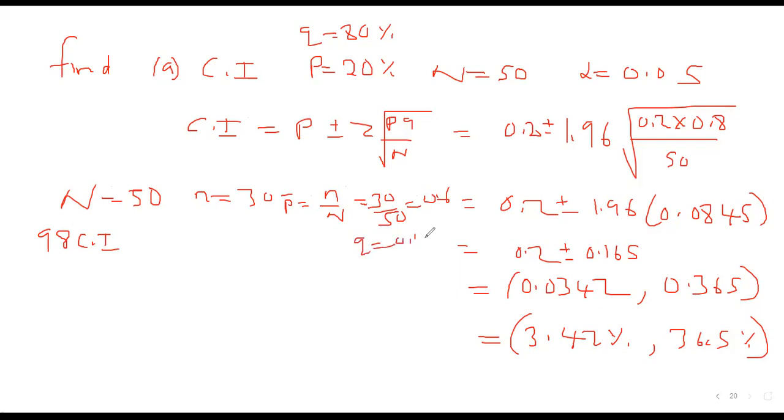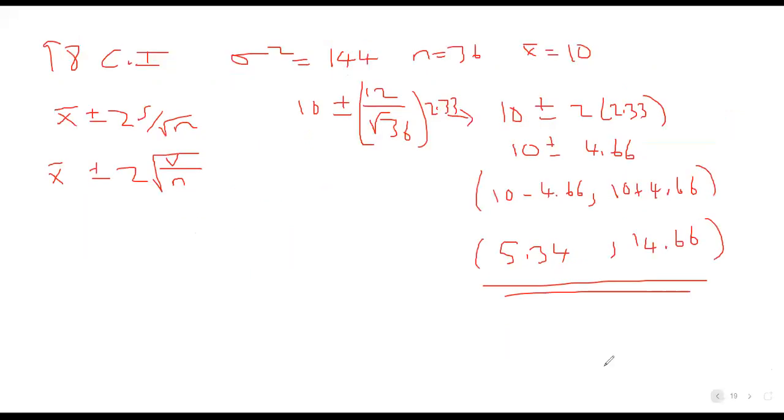So here we're going to have 0.6 plus minus 2.33 square root of 0.6 times 0.4 over n, which is 50, the sample size.